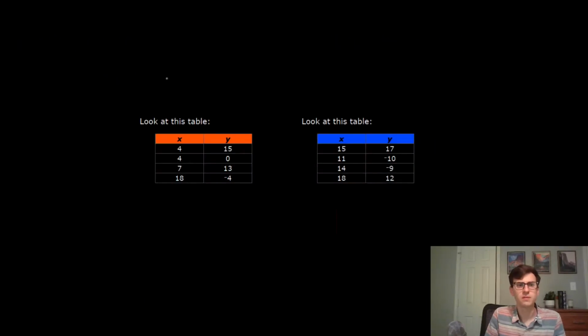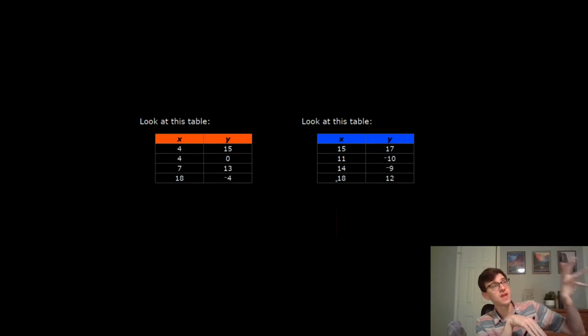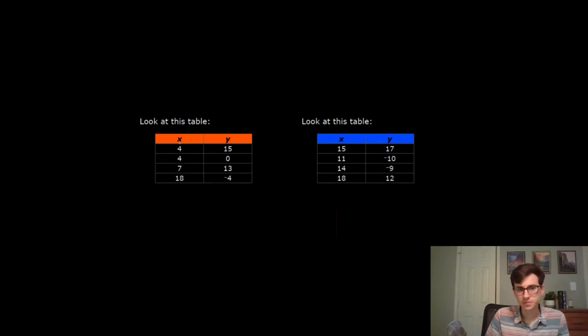Okay, let's move on. Look at this table. Now for these two tables, we need to think, do I have one where there's the same input with multiple outputs? So let's check it out. You could write this however you feel comfortable. You could graph it or write it as ordered pairs or just leave it as a table. Since we just talked about ordered pairs, I might rewrite these as ordered pairs. So here I have 4, 15.